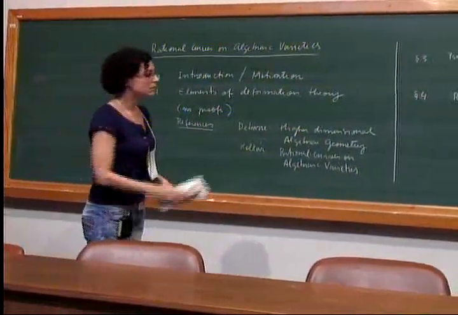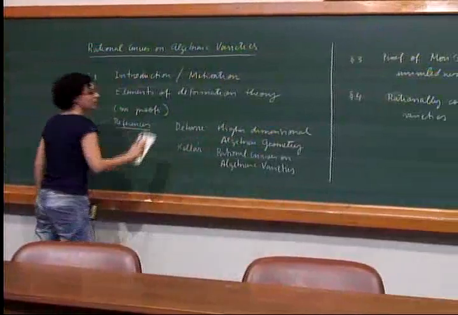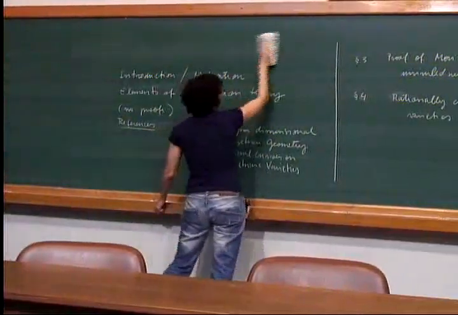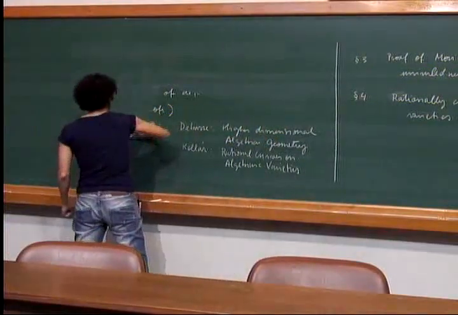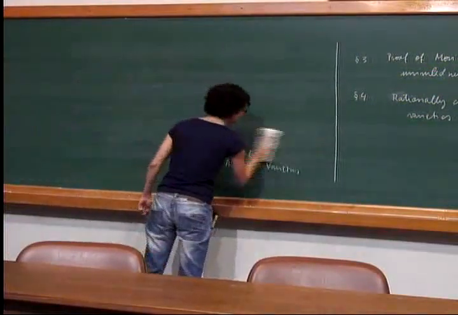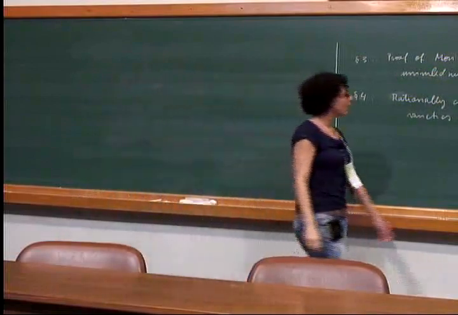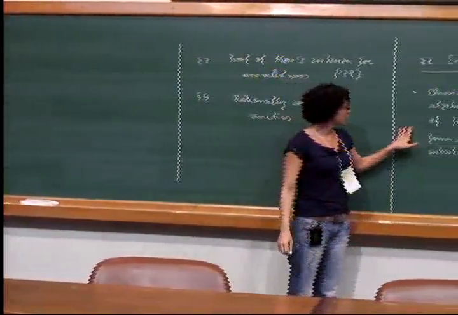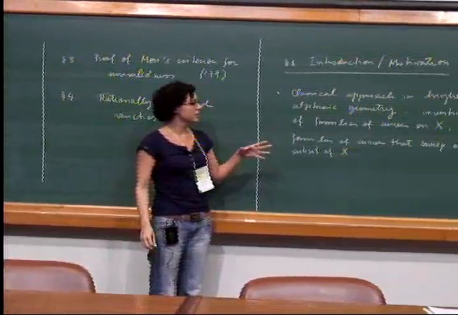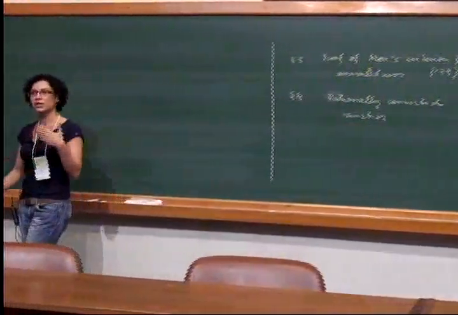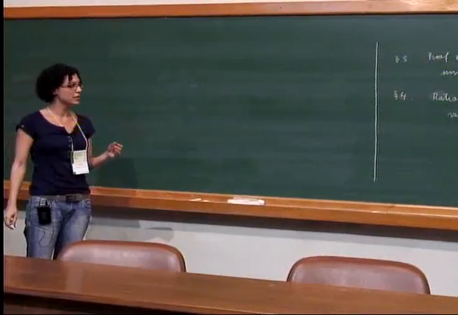Okay, so let me start then trying to convince you of point A. As I said, in the classical approach, it's a very powerful tool to study curves on a given variety.